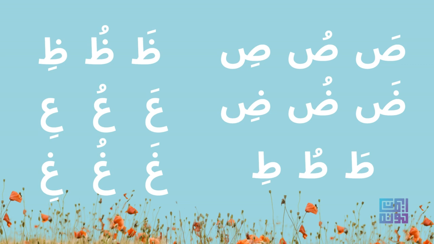Don't say su, because this is a sin. But here we are talking about sad. So it's su, sa, su. What about the kasra? It's going to be si. Still, it is not si. Listen to the difference. Si. So it's sa, su, si.